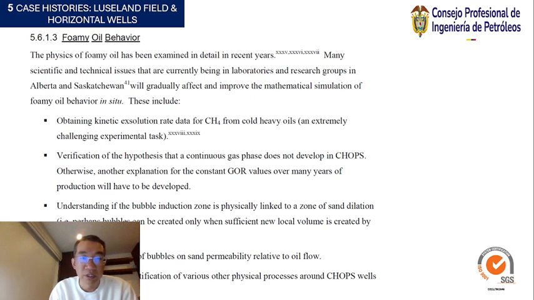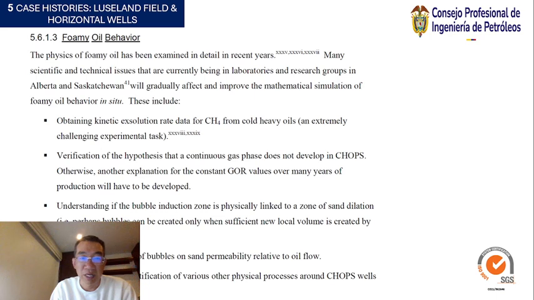Verification of the hypothesis that a continuous gas phase does not develop in the pores. Otherwise, another explanation for the constant GOR values over many years of production will have to be developed.